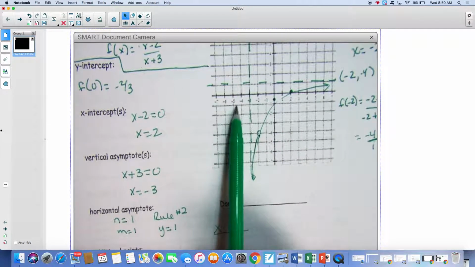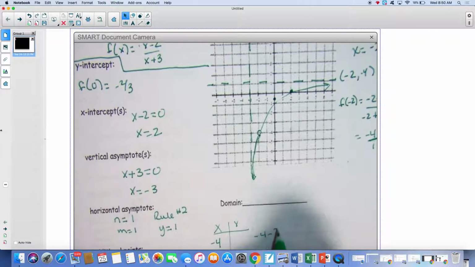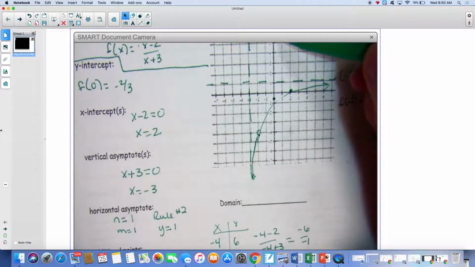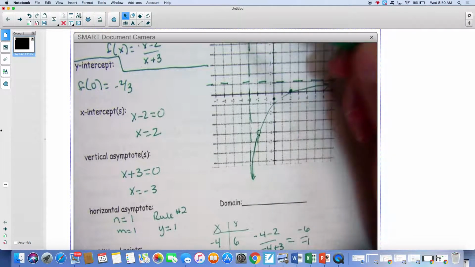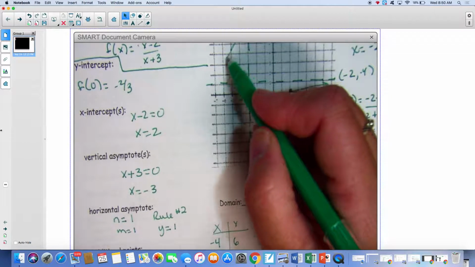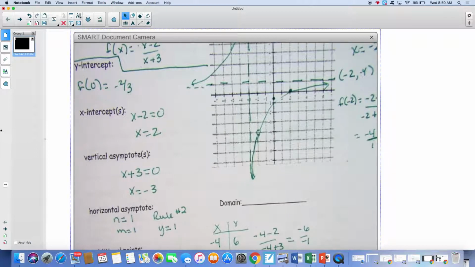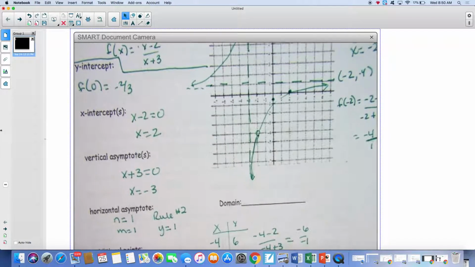Let's get a point over here. Negative 4. So that's negative 4 minus 2 over negative 4 plus 3, which is 6. So negative 4, 6. Like that.